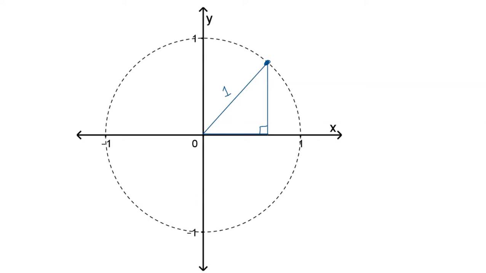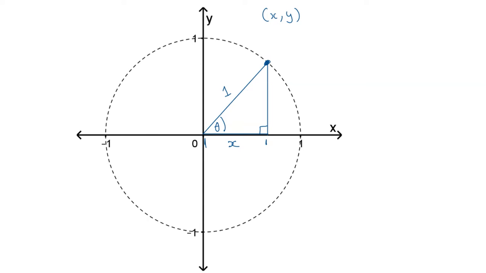This point has coordinates. Correct? If this is theta and this is x, the x distance to that point, do we all see that? Right?